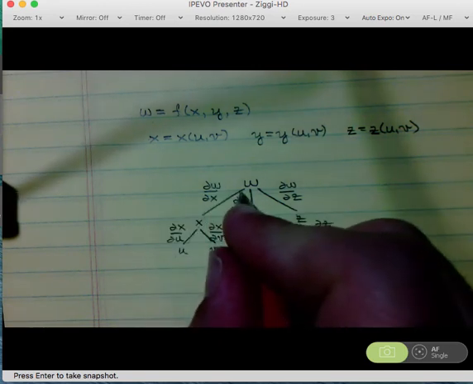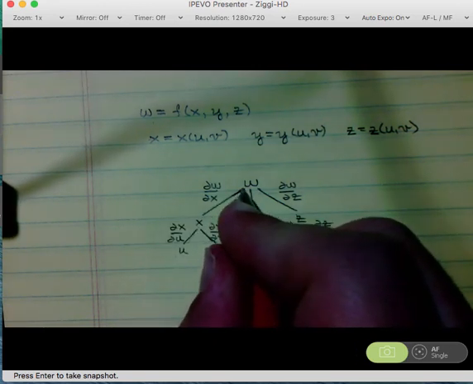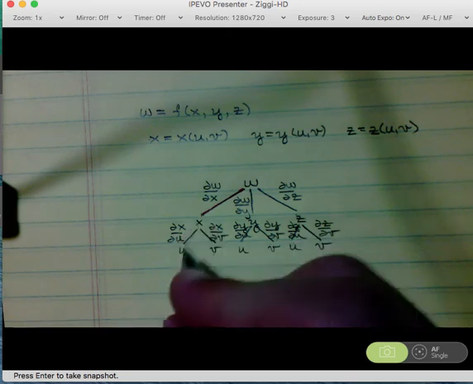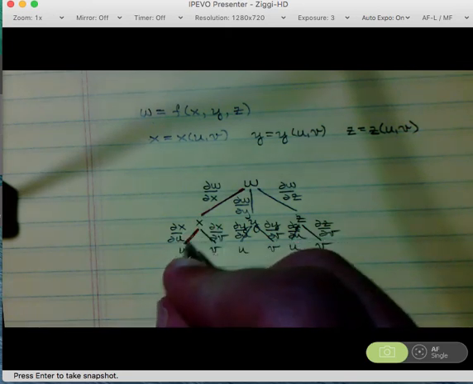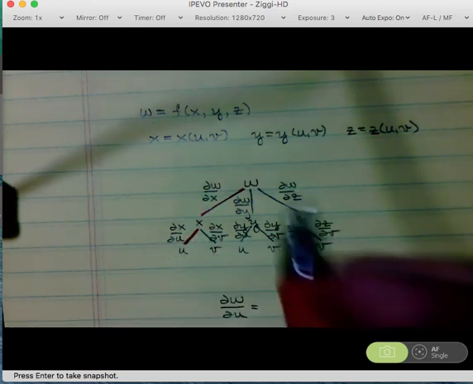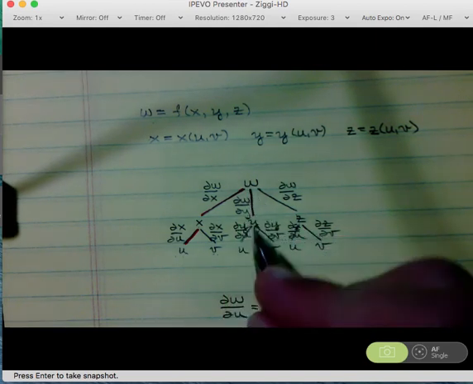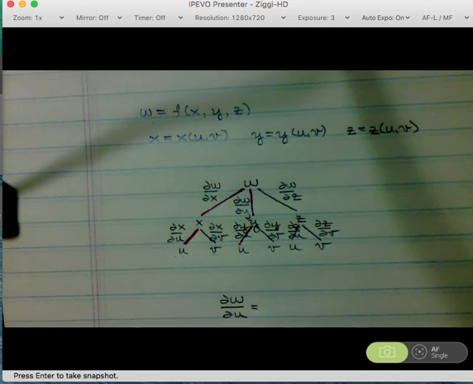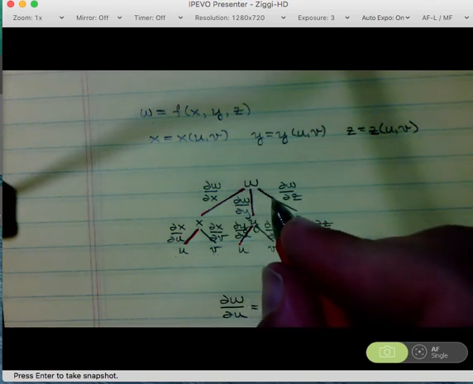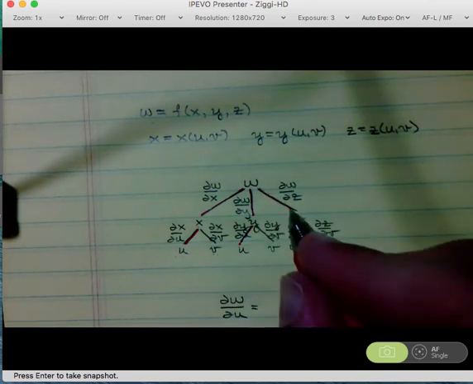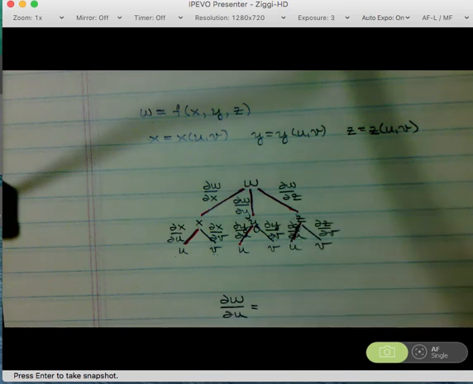Beginning with this first branch, we have to go along this branch, followed by this one. And then, going this way, we have to go this branch, followed by that branch. And then finally, going this way, we need to follow this branch, followed by this one.